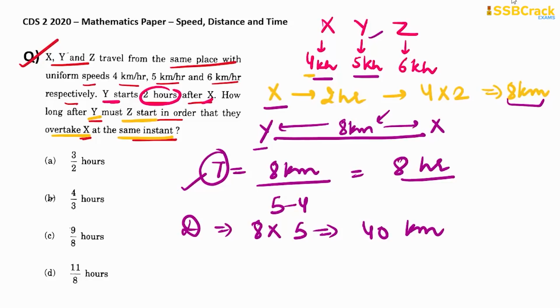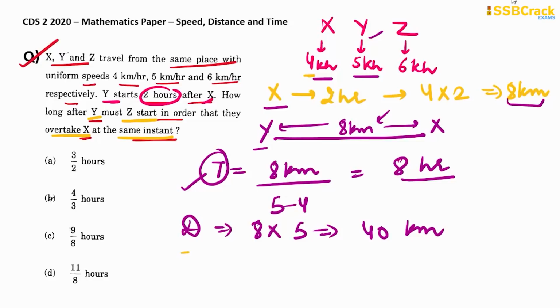Now we have to find the time period required for z to cover that same distance, so that we can subtract the time taken by z from the time taken by y to find after y when z should start.